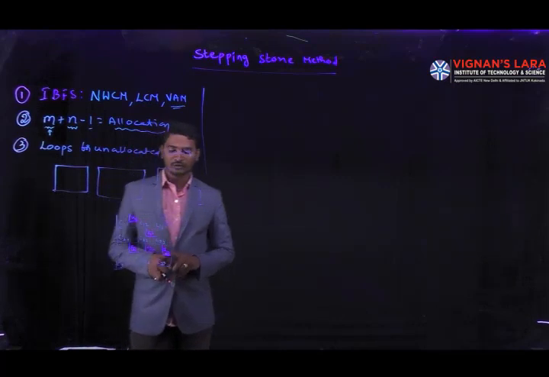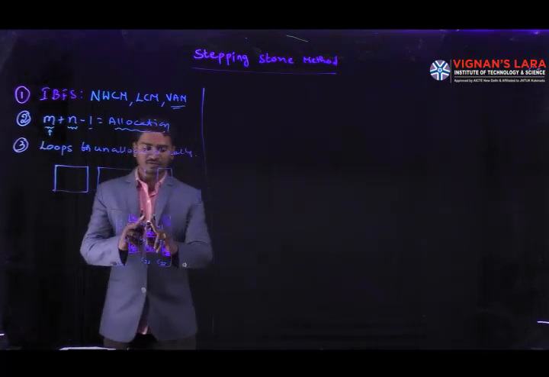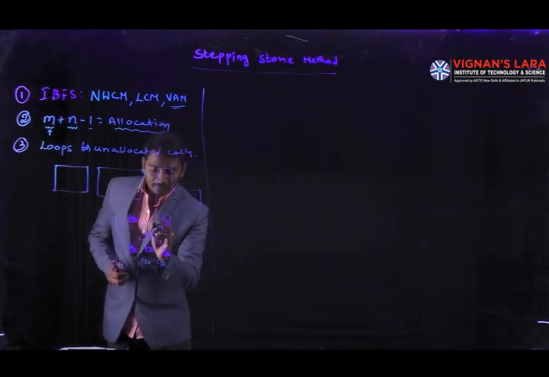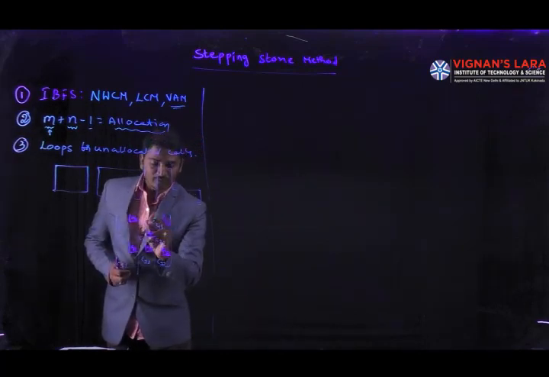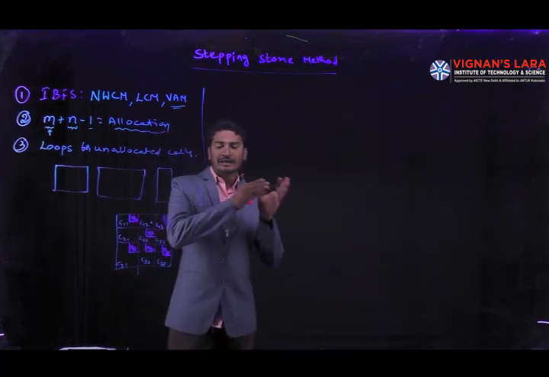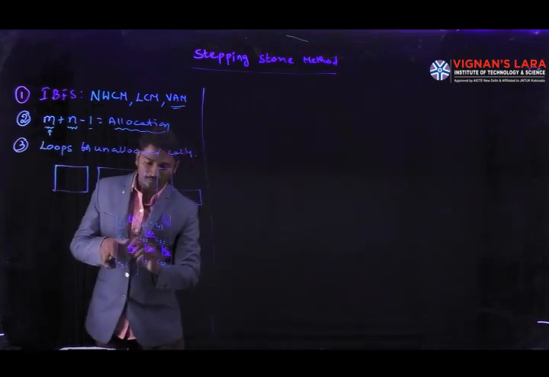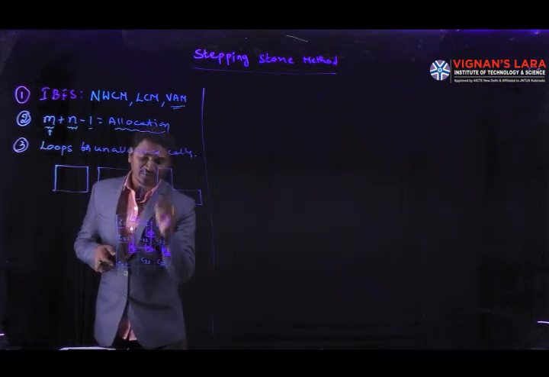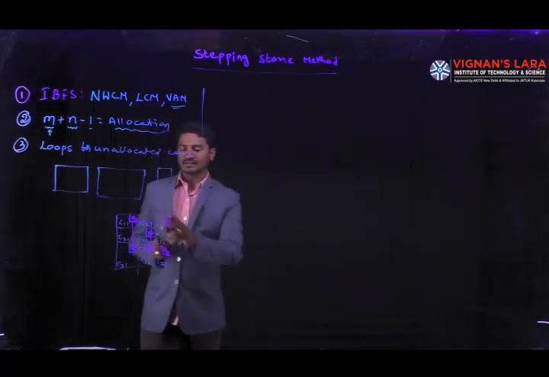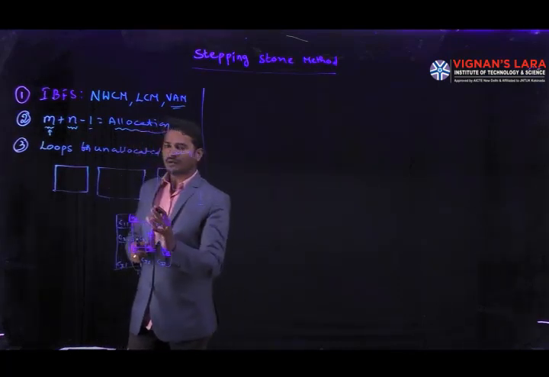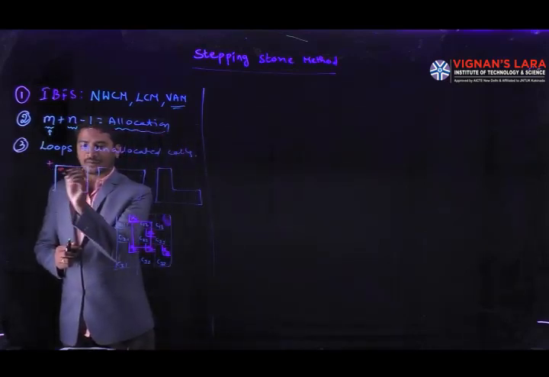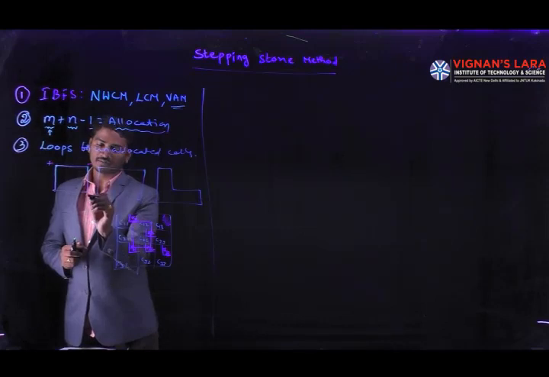Now I am going to draw the loops. For example, if we choose this unallocated cell, the loop starts here and we move towards the right hand side, in this direction. The loop starts and ends at the unallocated cell. After drawing the loops, we have to give the signs: plus, minus, plus, minus.